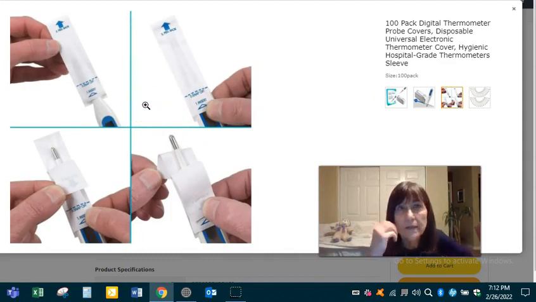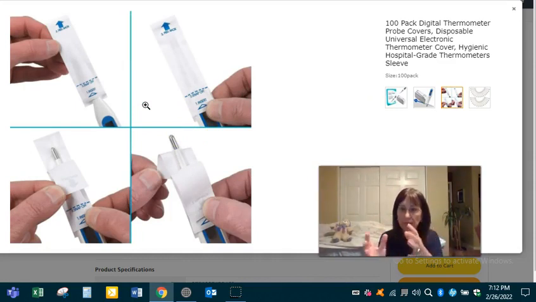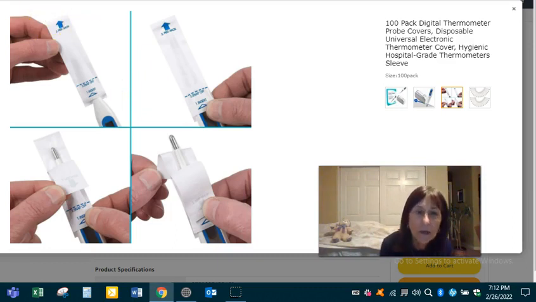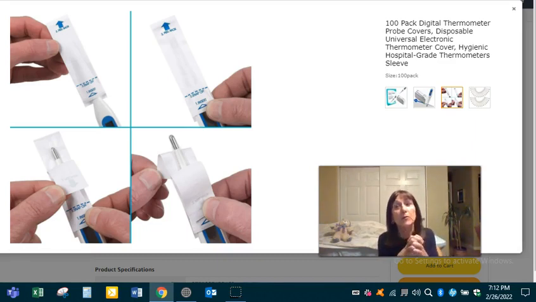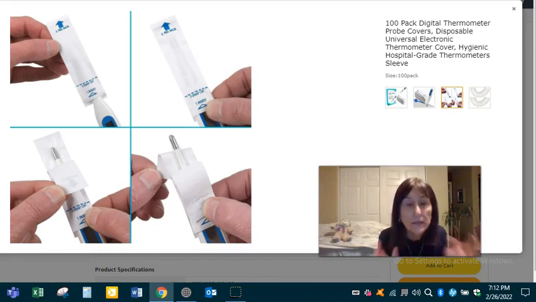And so if you're working in a facility and you're using a thermometer that's used for different people, they all have some kind of covers, right? This is an oral thermometer. The ear thermometers have covers, so they're disposable. You throw it away when you're done. So I'm telling you that because sometimes people don't use them because they're not aware of that. So that's probably the most important thing.